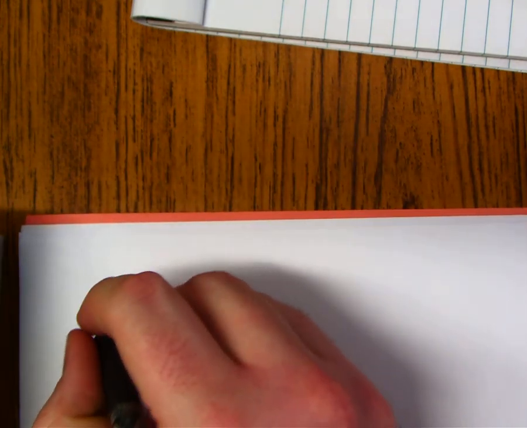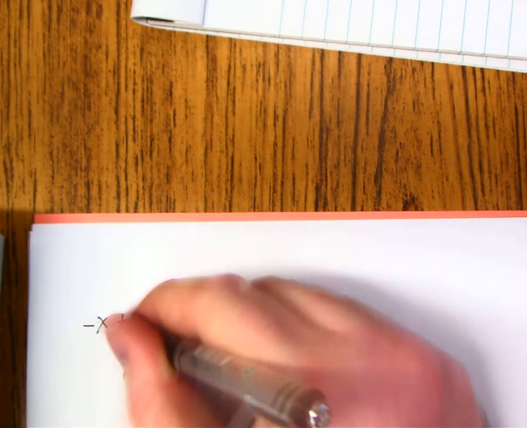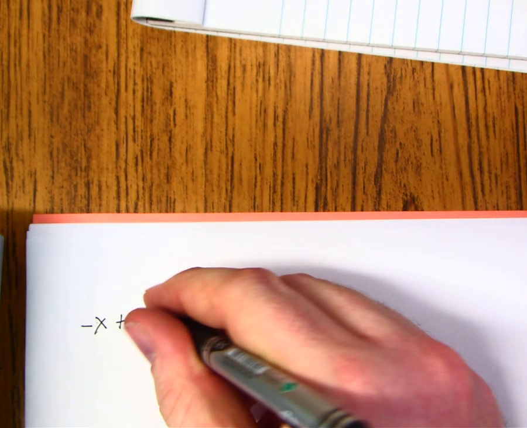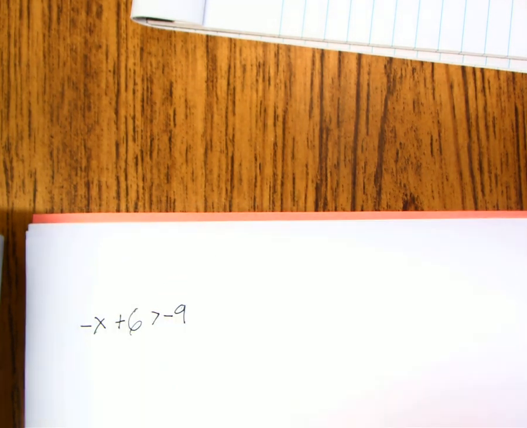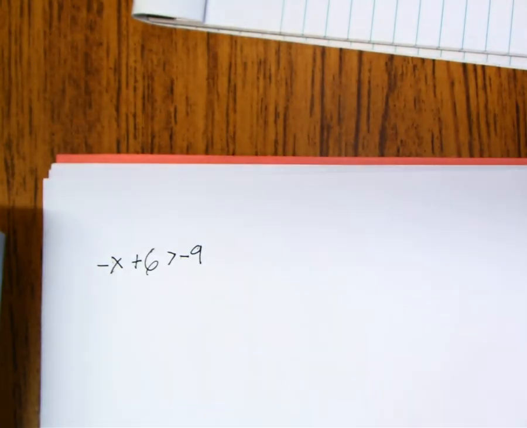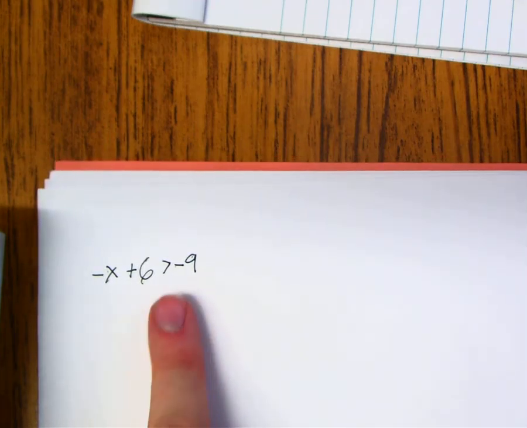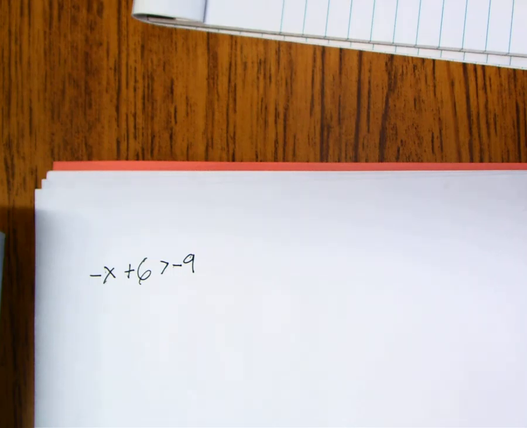Let's practice with a quick review on some inequalities that we've been working with. Let's try an example of negative x plus 6 is greater than negative 9. Remember, with inequalities, even though it feels like we're trying to say what it isn't, we still treat it a lot like an equation.